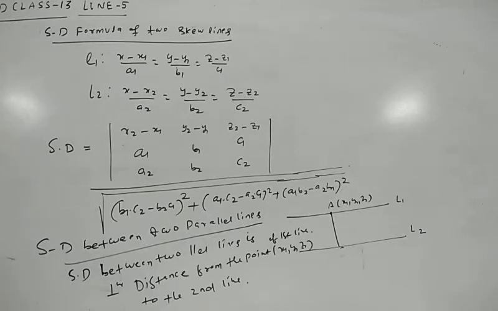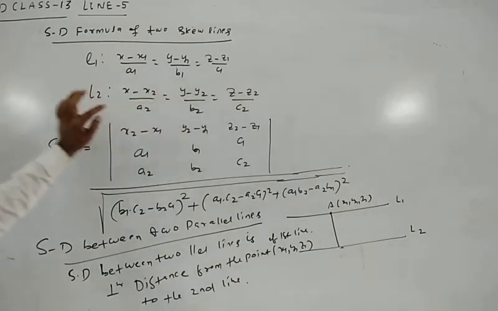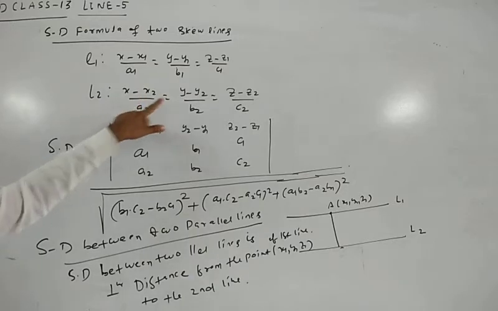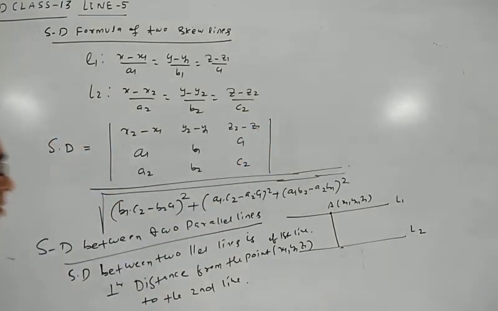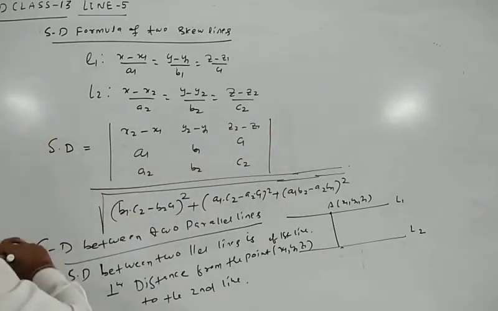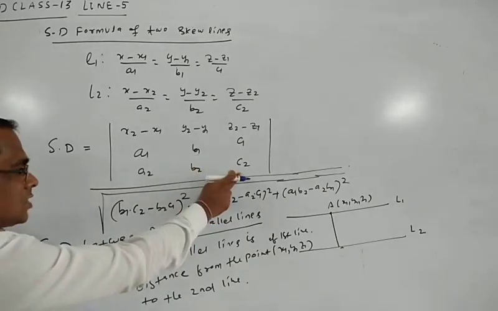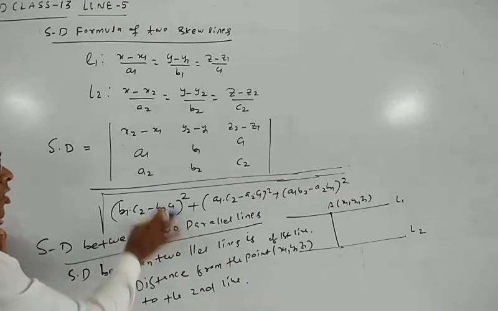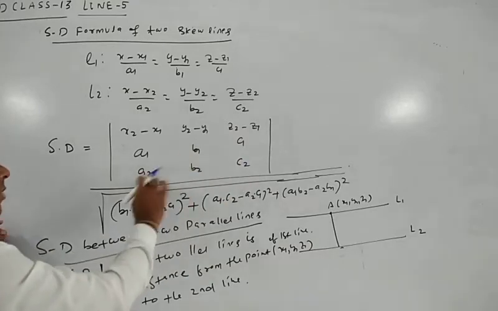So the shortest distance formula between two skew lines: suppose line L1 is (x minus x1)/a1 equal to (y minus y1)/b1 equal to (z minus z1)/c1, and L2 is (x minus x2)/a2 equal to (y minus y2)/b2 equal to (z minus z2)/c2. Then the determinant of [x2 minus x1, y2 minus y1, z2 minus z1; a1, b1, c1; a2, b2, c2], the whole divided by the square root of (b1 c2 minus b2 c1) squared plus (a1 c2 minus a2 c1) squared plus (a1 b2 minus a2 b1) squared.